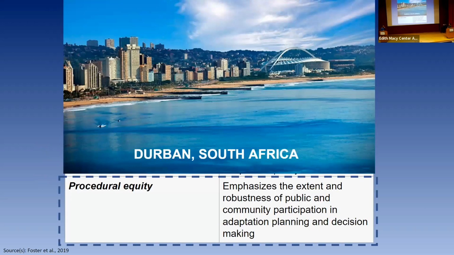So I was fortunate enough to go to Durban, South Africa in 2019, for a climate adaptation workshop. What was interesting about it is I had colleagues join me from America and Italy, and I was the only Black person in this delegation, but we were going to this country full of Black folks.